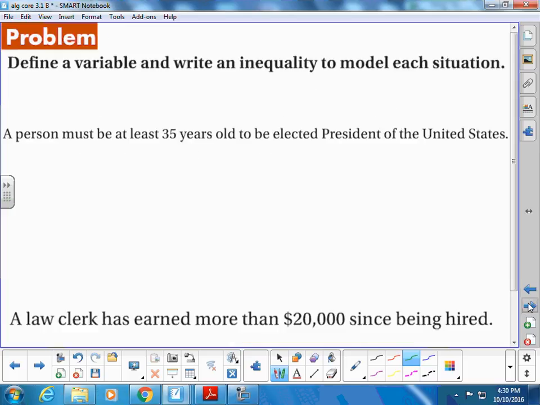So we're going to define a variable and write an inequality to model each situation. So these are real world situations. A person must be at least 35 years old to be elected president of the United States.